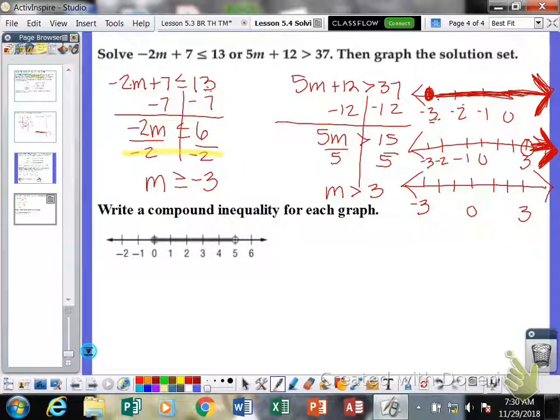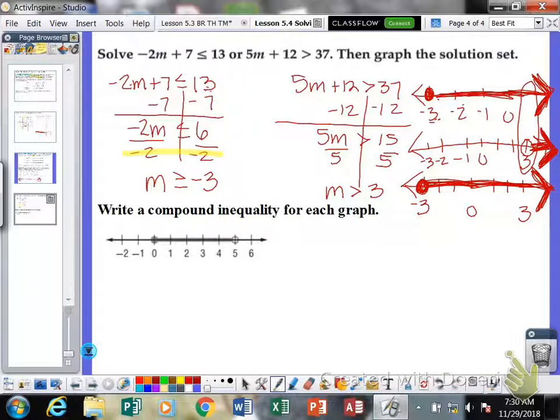So if I union these together, there's going to be an overlap that starts at -3, so we close the circle at -3, and then everything gets shaded to the right, because everything up here is shaded to the right, and then it overlaps right here.